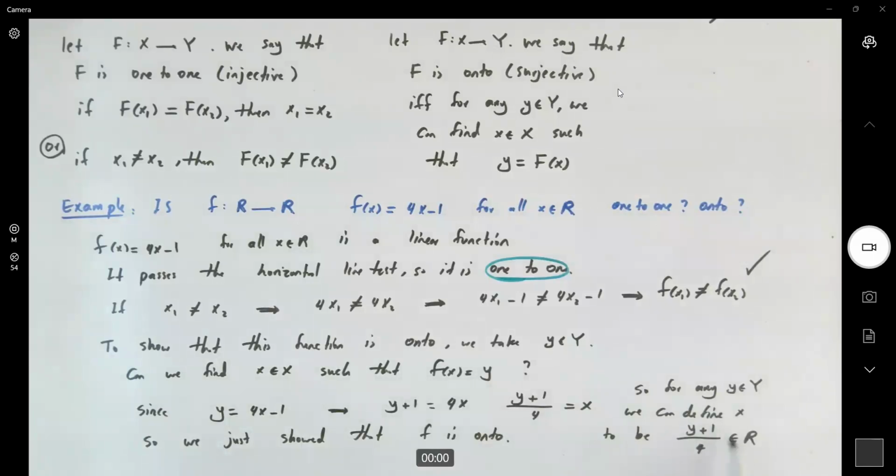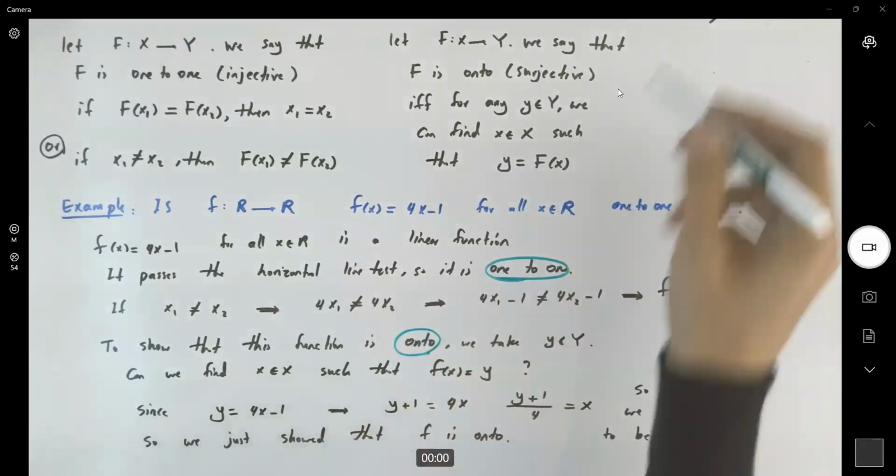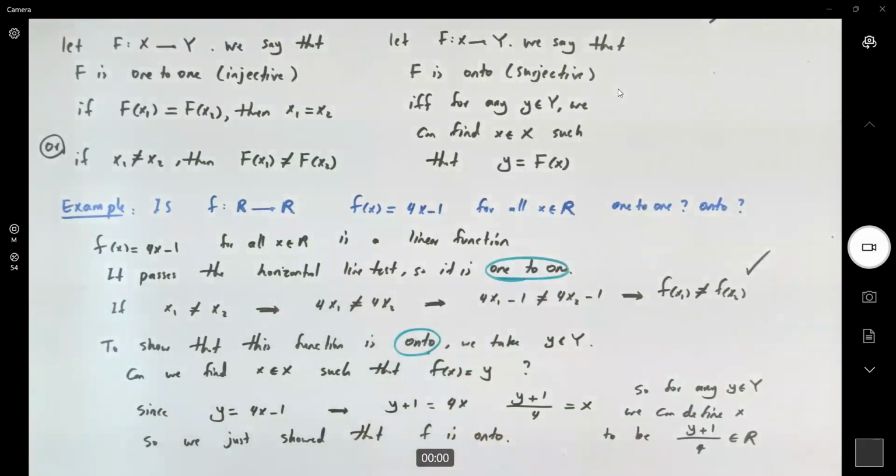I just showed that for any y, I can define x. So x and y are connected together by this function. If I just plug x into this function, I get my y back. So that's how we show that it is one-to-one and it is onto. In other words, you have a bijective function here.